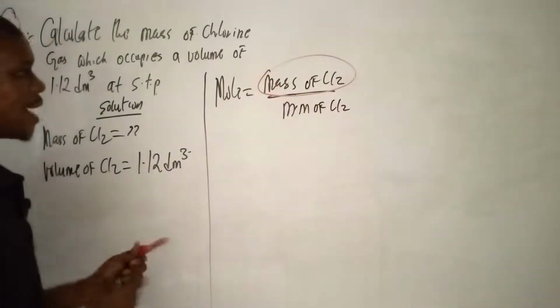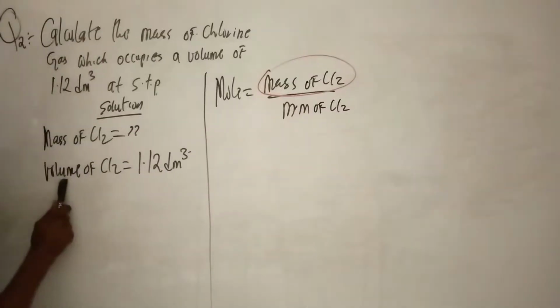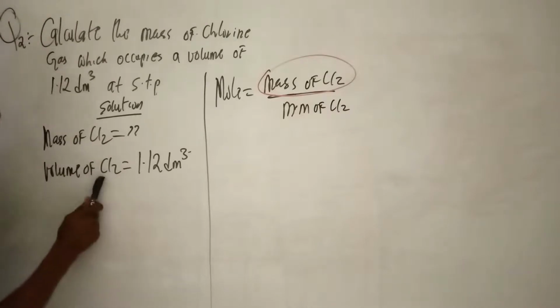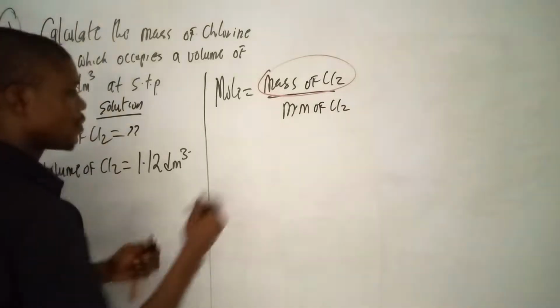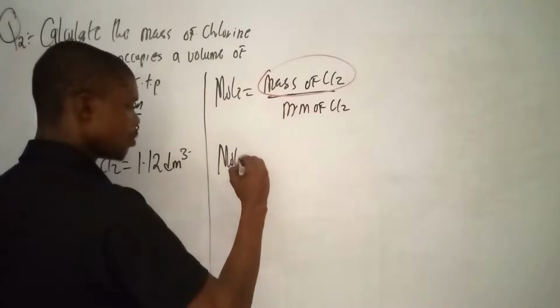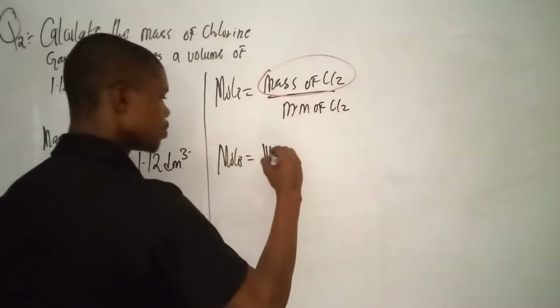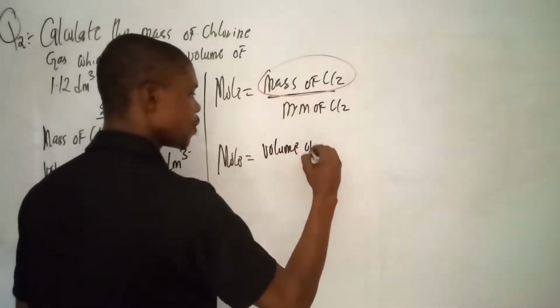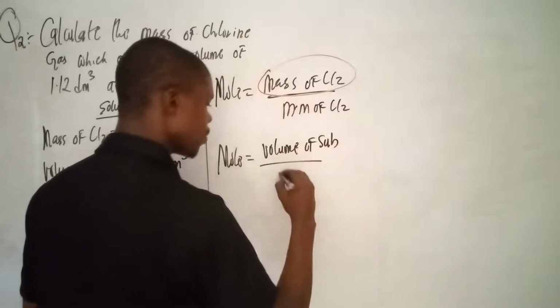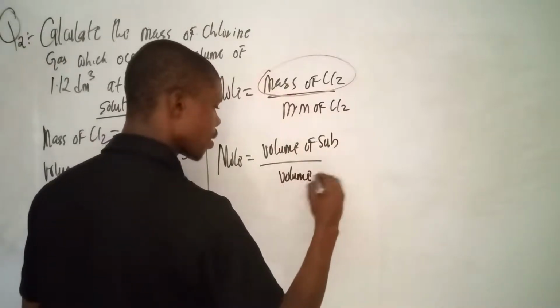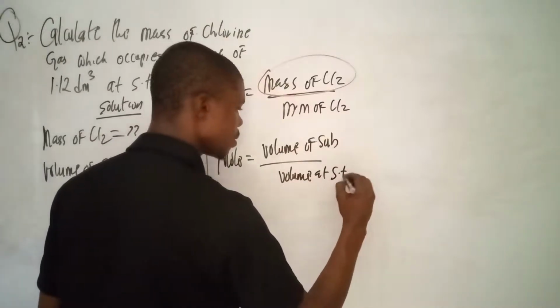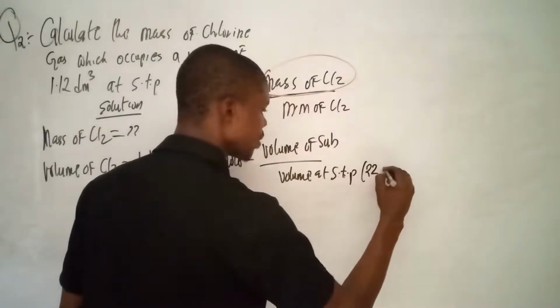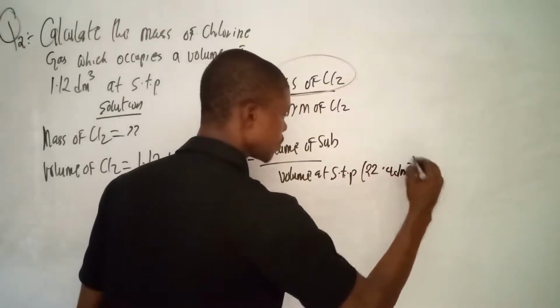So this is what they actually say we should calculate, mass of Cl2, right? Now which one relates volume? Remember, I also have another formula, the third formula: mole equals volume of substance over volume at STP, which is 22.4 dm³.